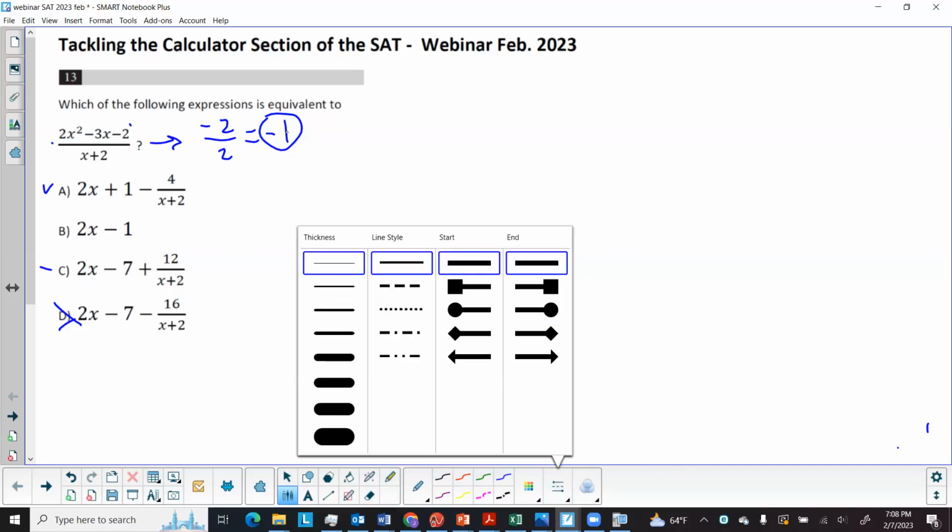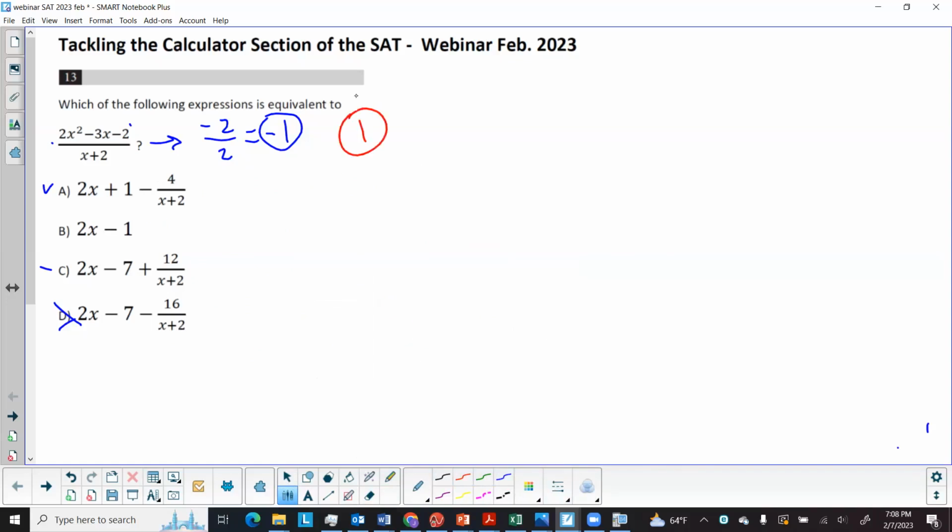Now let's plug in 1. So if I plug in 1 for x, or everywhere there's an x, I'm going to plug in a 1 there. So that would be 2 minus 3 minus 2 all over 3. So 2 minus 5 is -3/3, which is -1. Wow, weird. We get the same answer, plugging in 1.